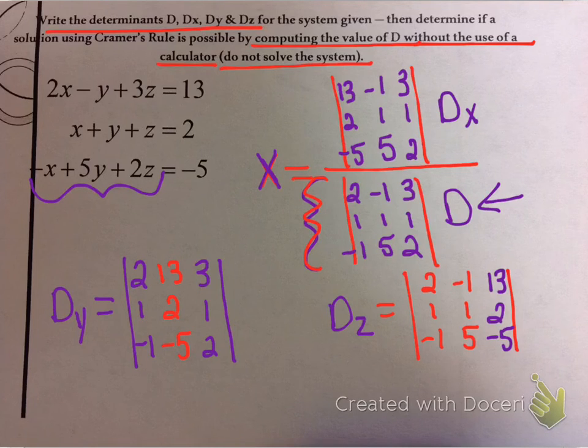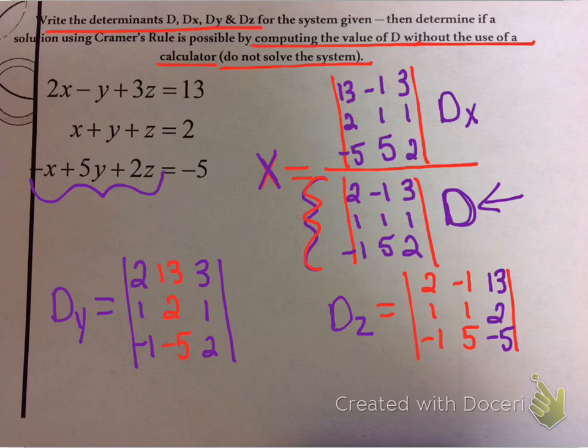Okay? So the one final thing that we need to do to finish this problem is we need to actually calculate this D right here in this denominator, because we want to make sure it's not equal to 0, because otherwise we could not use Cramer's rule to actually solve it.